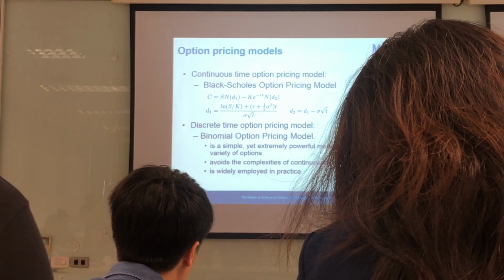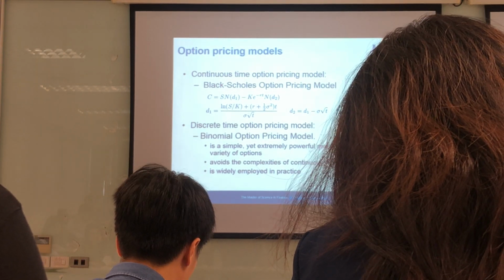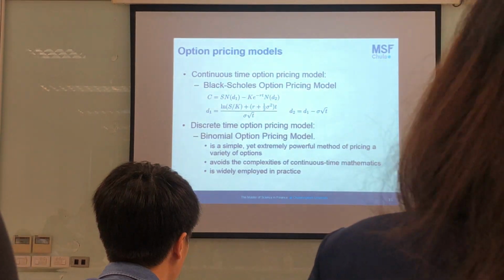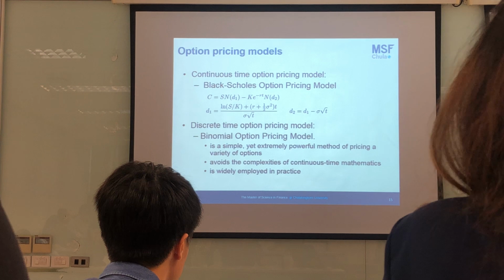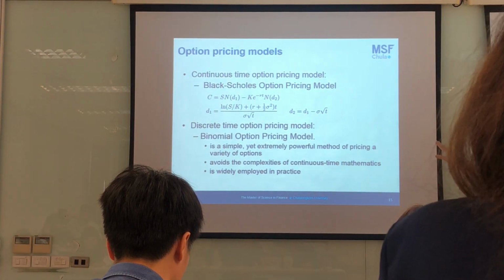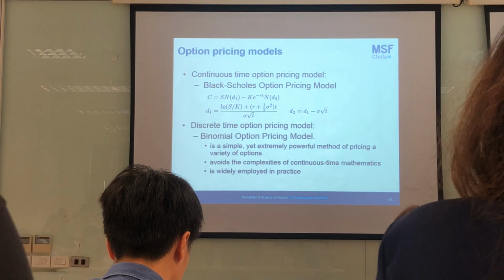Actually, you need to know stochastic calculus, which is more difficult than basic calculus. Anyway, we call this formula the Black-Scholes option pricing model.